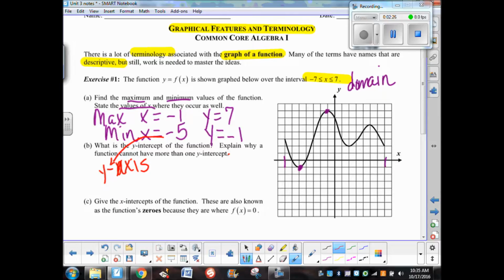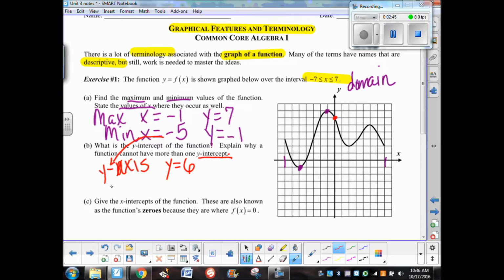So when I look over here, that's where the graph crosses the y-axis, so that y-intercept is at 1, 2, 3, 4, 5, 6. Y equals 6. Why can't it have more than one y-intercept?